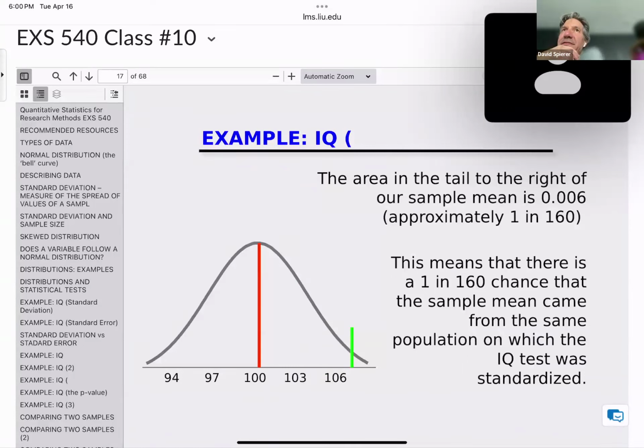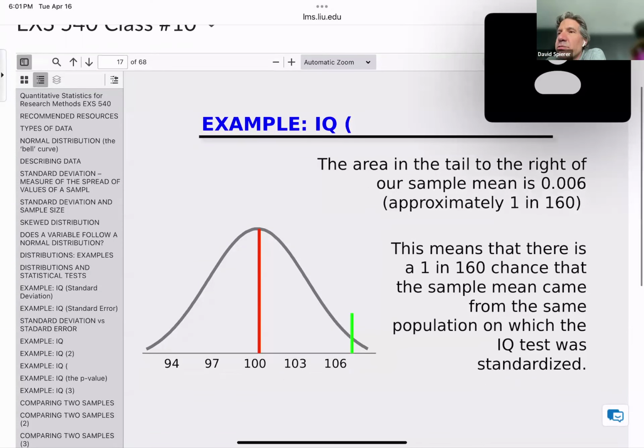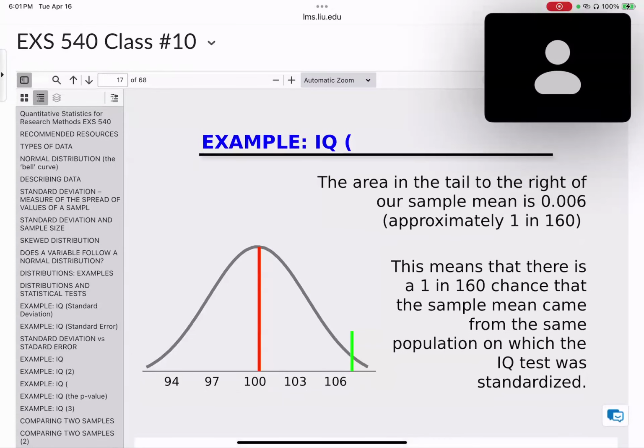Why do we use 95%? What is it telling us as people who read research, as researchers? What does it tell us? It tells us that the research is 95% correct and 5% error is acceptable.